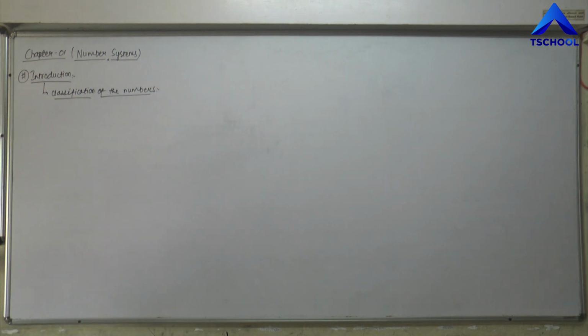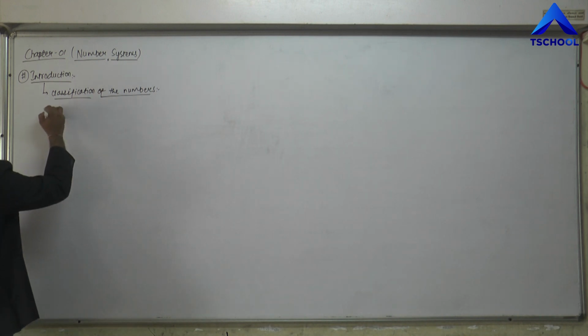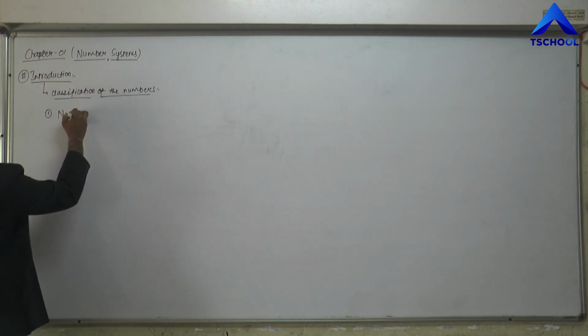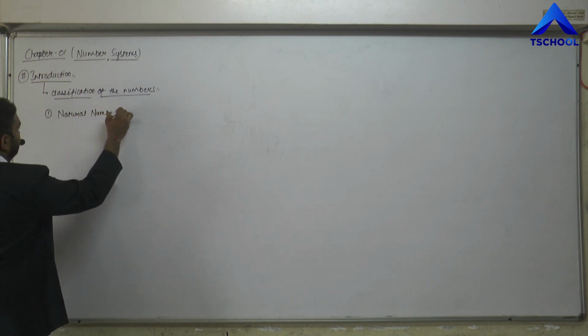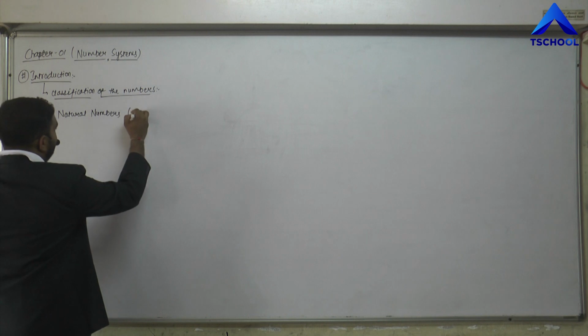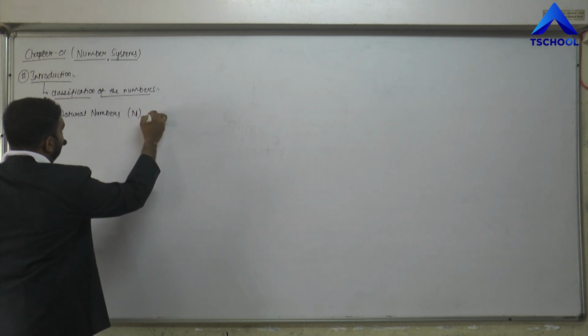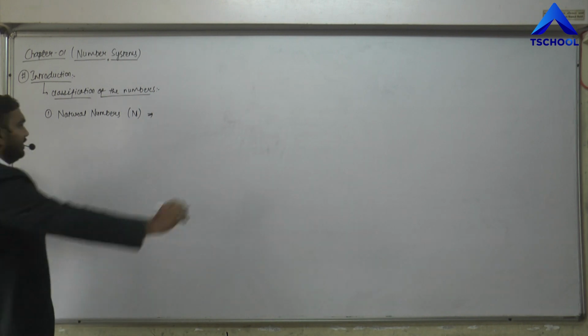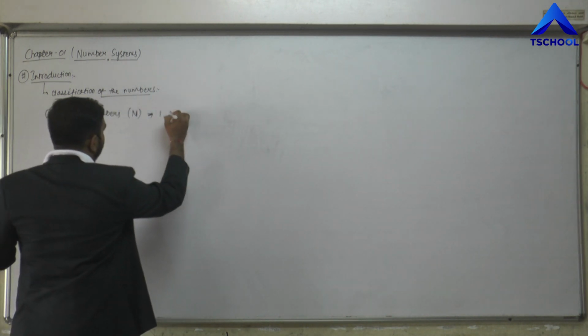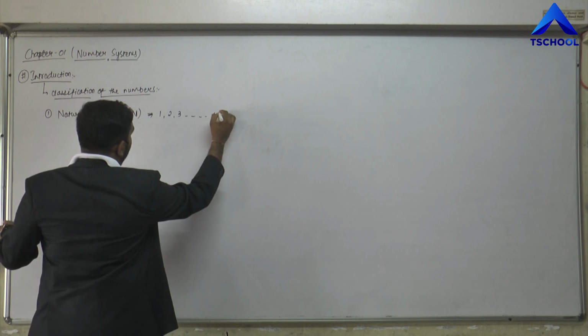So first and foremost in the classification of numbers are the natural numbers. Natural numbers are denoted by capital N, and these numbers start from 1 up to positive infinite.